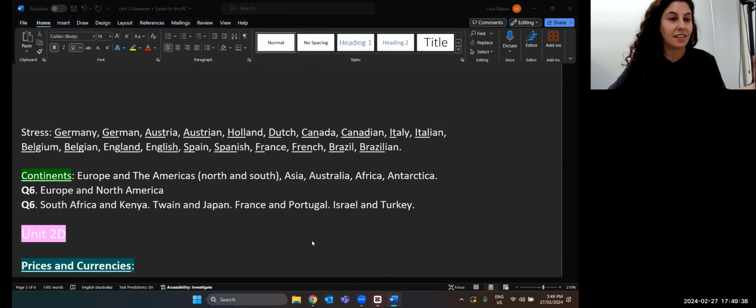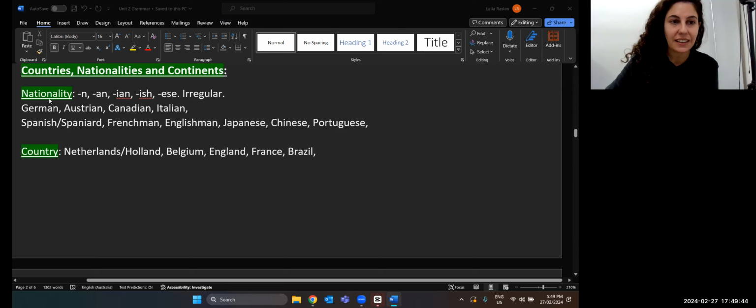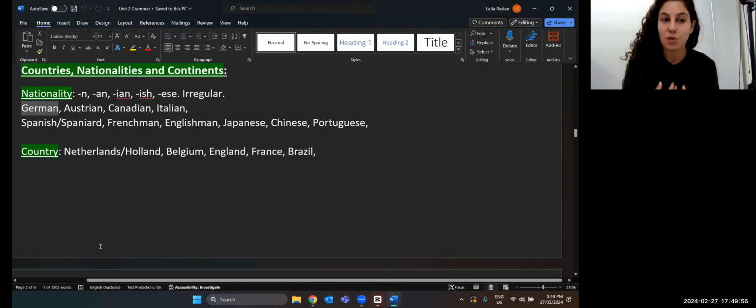Okay, but here are those countries and nationalities again. So again, if it's a nationality, usually the ending is AN, IAN, ISH, ESE, or it could be irregular. So these are the nationalities. I'm German, I'm Austrian, I'm Canadian, I'm Italian, I'm Spanish, and as I said, Spaniard.